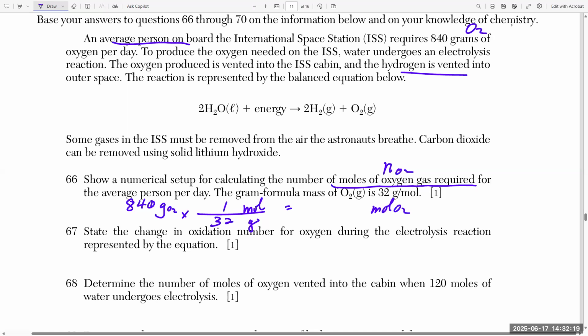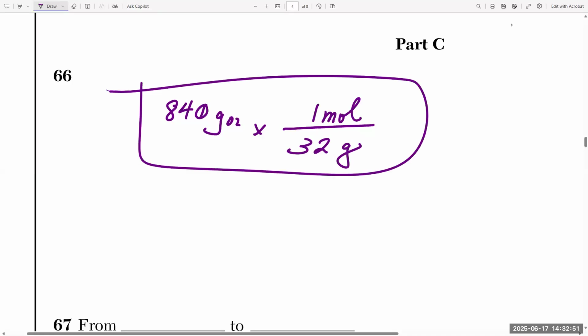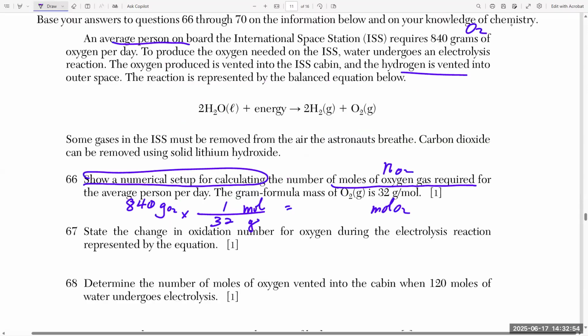Oh, I almost screwed that up, right? Why? They want the numerical setup. So essentially, you want to show the setup. It's 840 grams of O2 times 1 mole per 32 grams. Okay, this is your answer.